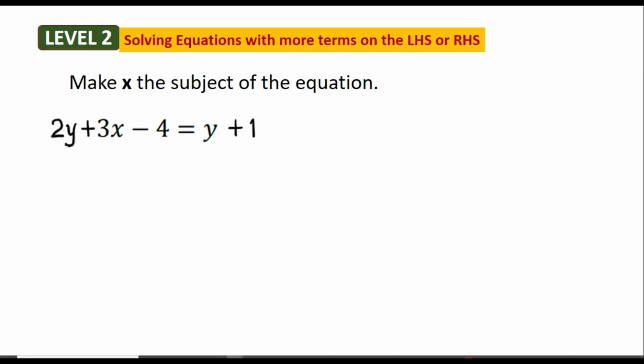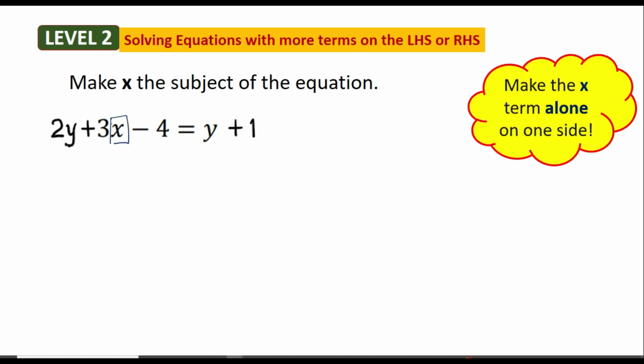One more question from level 2 where you have to make x the subject of the equation, and following the same steps, I have 3x here, and your aim should be to make the x term alone on one side. So I'll start pushing these terms to the other side.